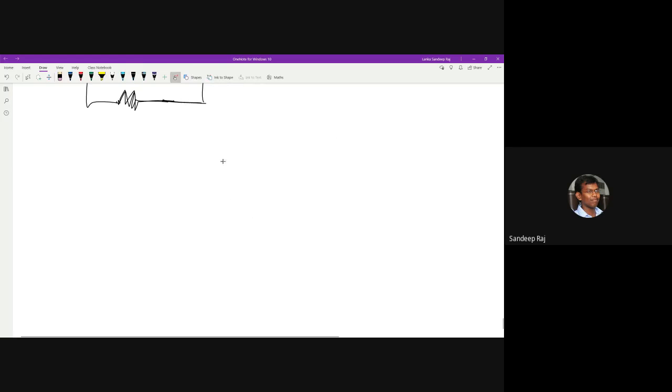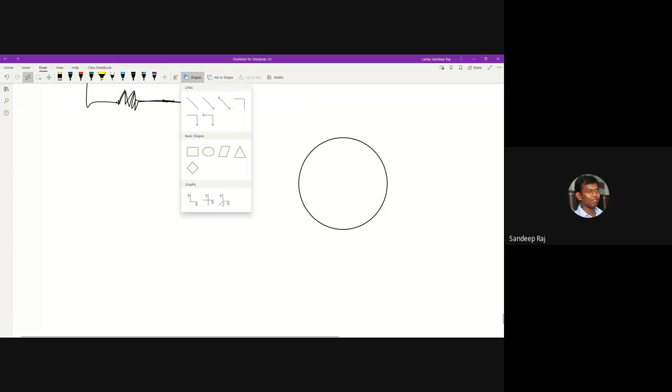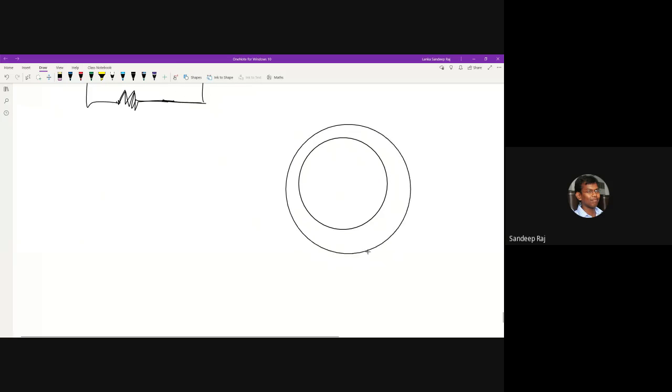Let me draw it properly. This is a sphere. And then it will be having so and so temperature here. Here you will have T1, here you will have T2.